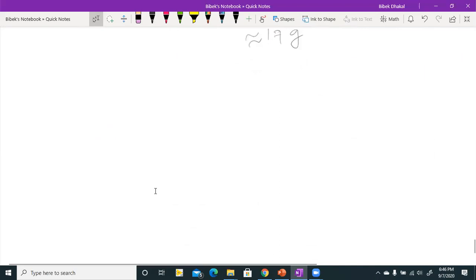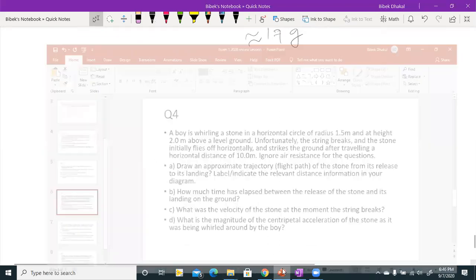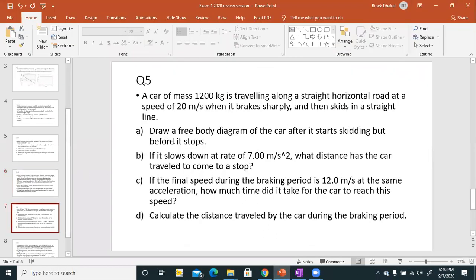So let's go to number 5. Let me stop at number 5. You have a car of mass 1200 kg that's traveling along a straight horizontal road at a speed of 20 meters per second, and you suddenly press the brake. So you need to draw a free body diagram. You need to find the distance. You're given the acceleration and stuff like that.